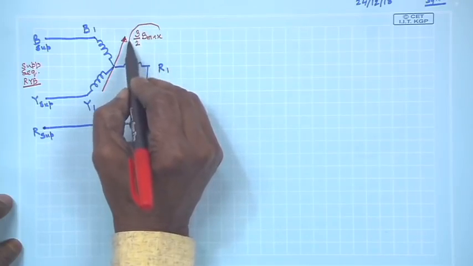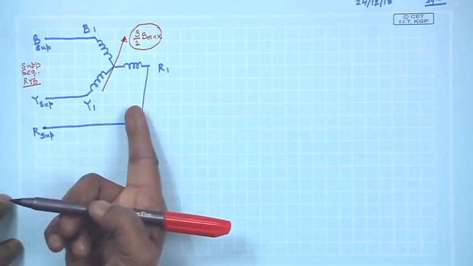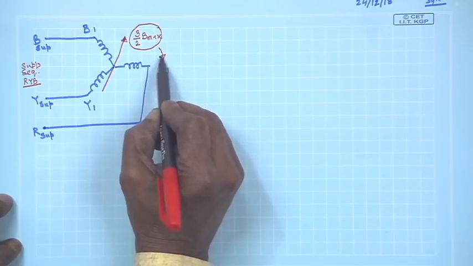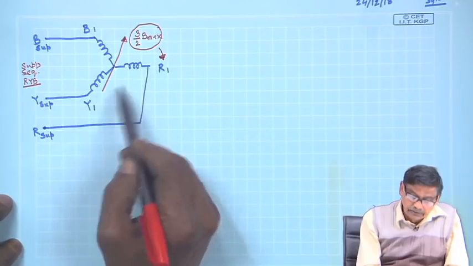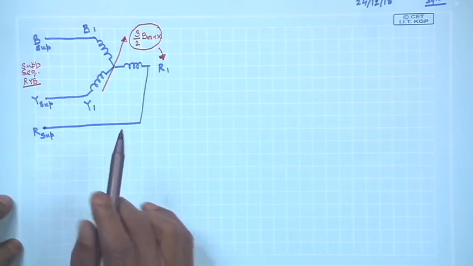This is the peak value, and it will rotate in this case this way, because from leading to lagging phase it rotates.